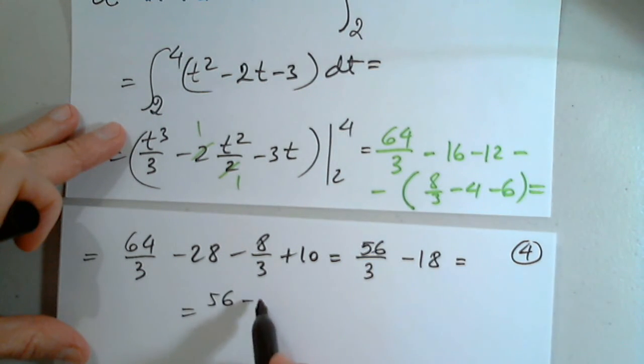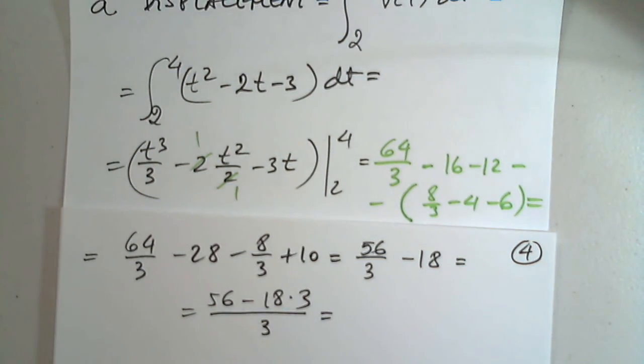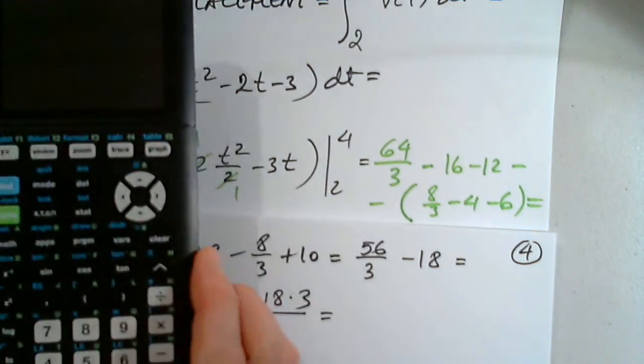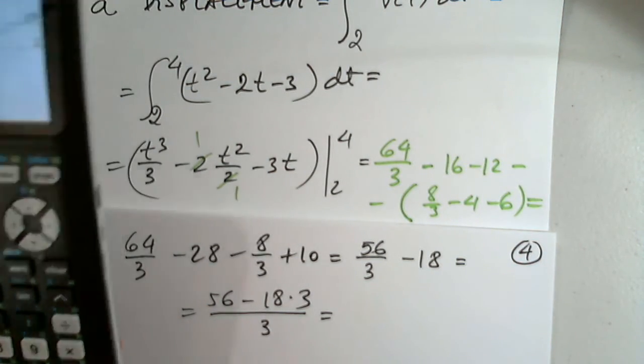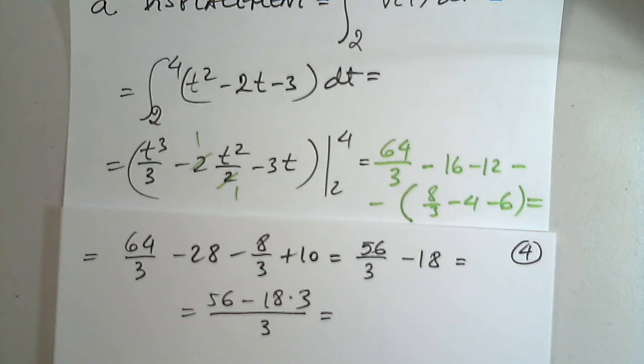So this is 56 minus 18 times 3, divided by 3. Okay, I'm lazy now. Minus 18 times 3, it's 2/3. Measurement unit, so that is meters. Okay, perfect.